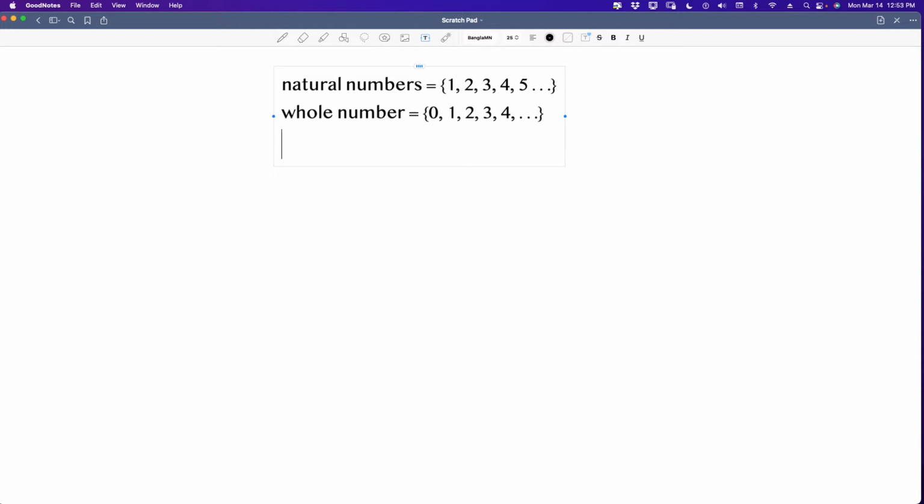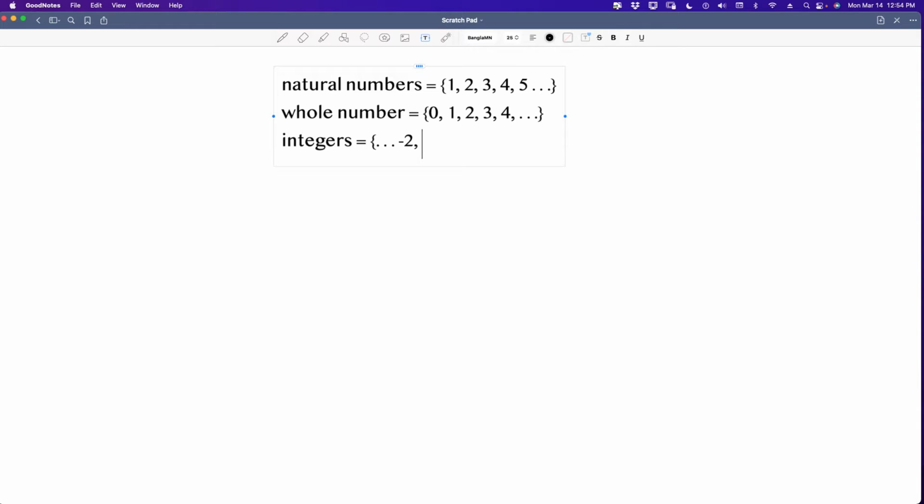The next type of numbers that we have are integers. Integers are unique in that they go on and on in both directions. So you have an ellipsis at the end and at the beginning, and they start with the negative numbers.